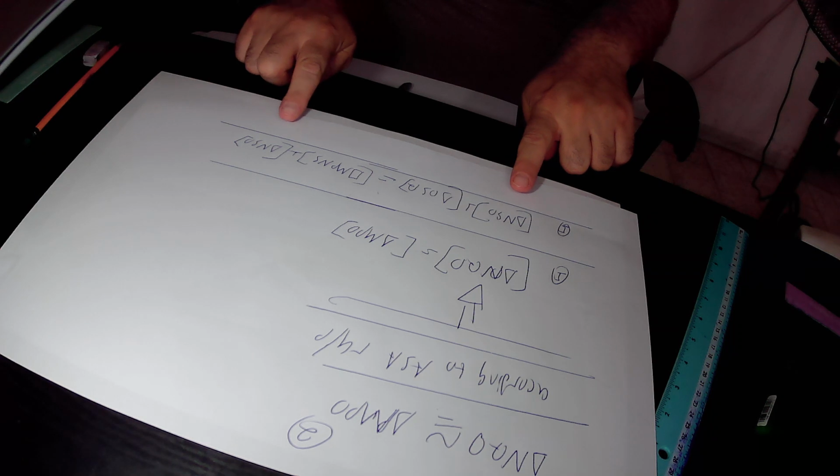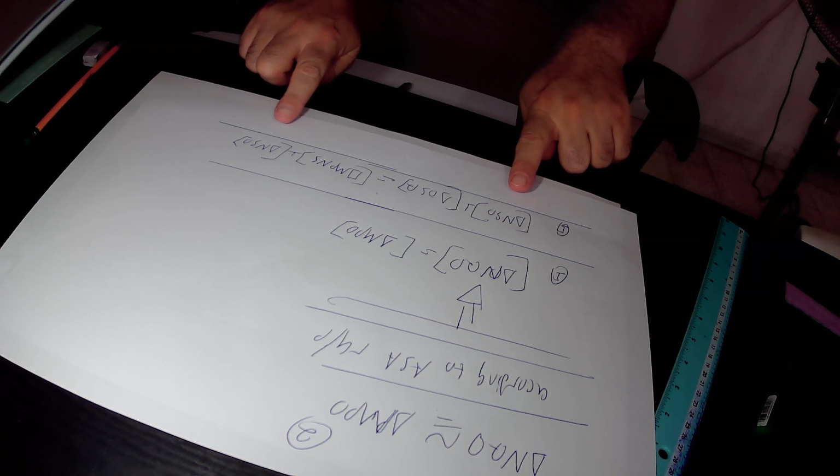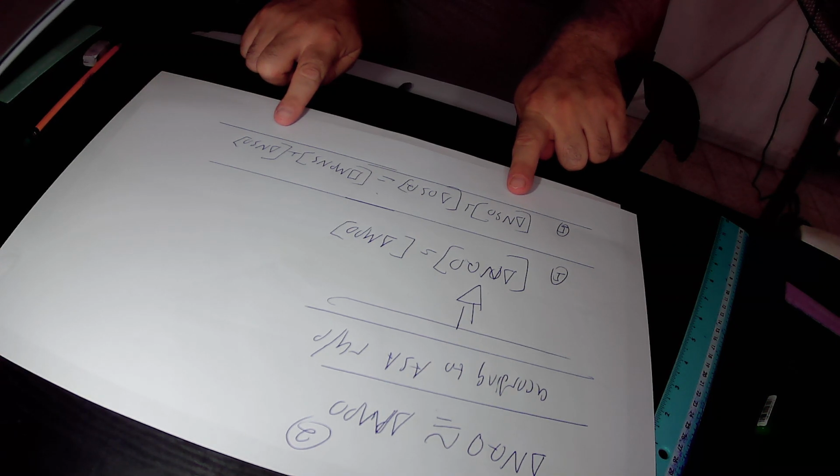So in this equation 1 we have the area of triangle NSO on both sides of the equation. So the area of triangle NSO will get cancelled.